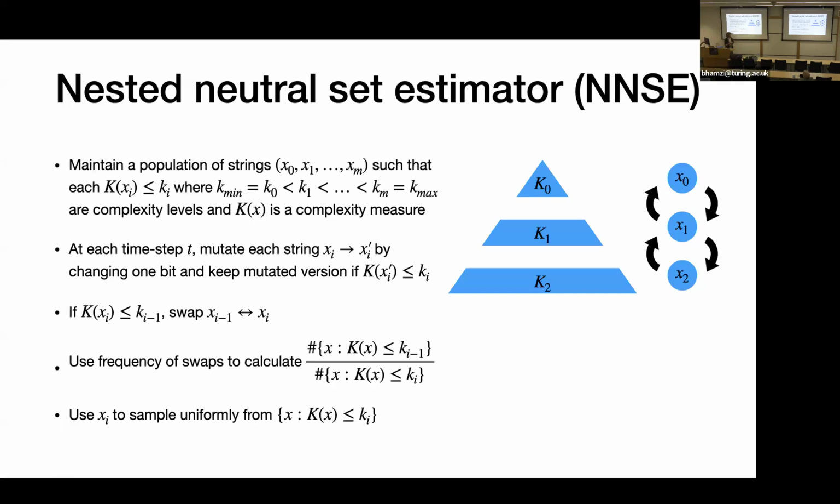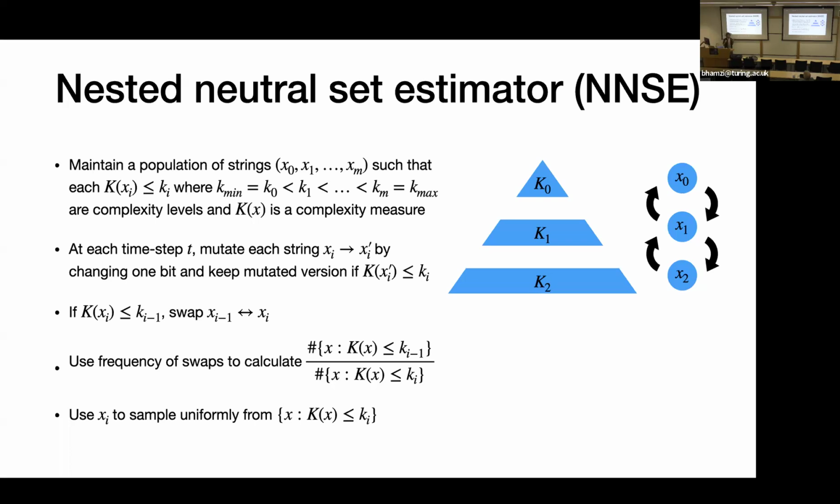It can take a range of values, either continuous or discrete, but you subdivide the space into a range of complexity values, K0 up till Km. And you initialize a population of strings, X0 up to Xm, such that every string Xi is in the complexity level of Ki, which means it has a complexity at most equal to Ki.